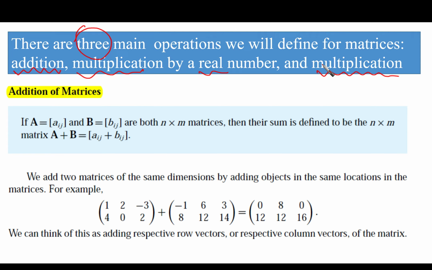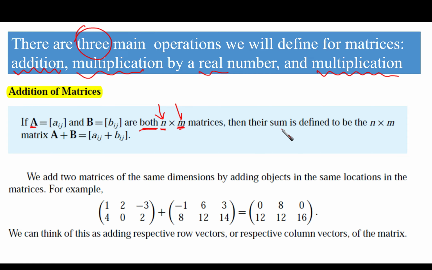Let's start with the addition of matrices. If we have matrix A, which, as we said, is denoted as parentheses a_ij, these being the elements inside matrix A, and we have b_ij, which is another matrix, and both are n by m matrices. Take care, both are n by m. This means they have the number of rows n and the number of columns m, both of them.